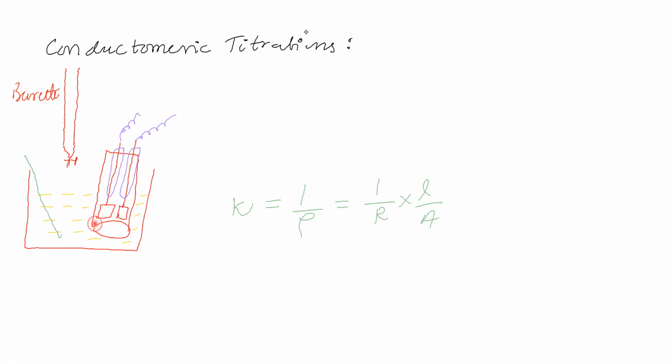So using this conductivity cell, we get the conductivity. If you know the conductivity, then we can find lambda m. Lambda m is equal to conductivity by C, the concentration.